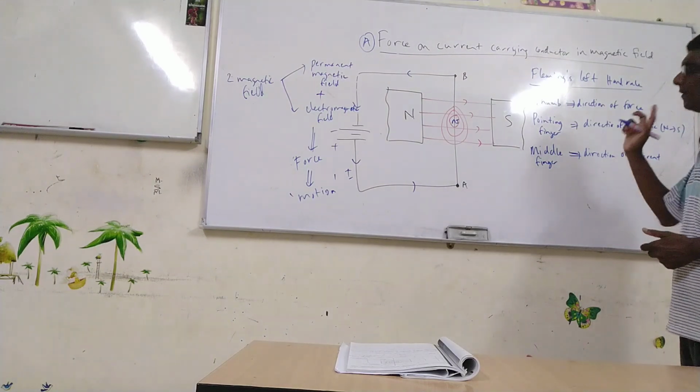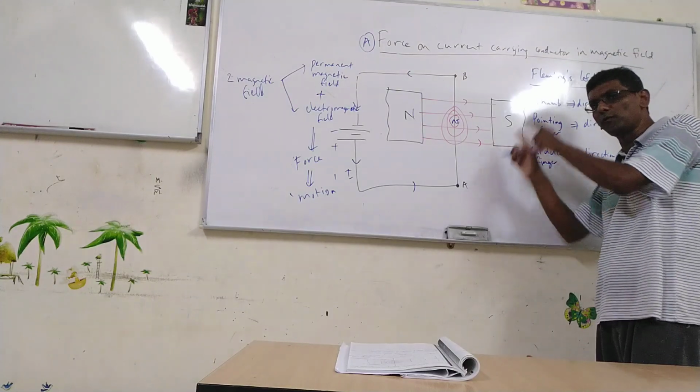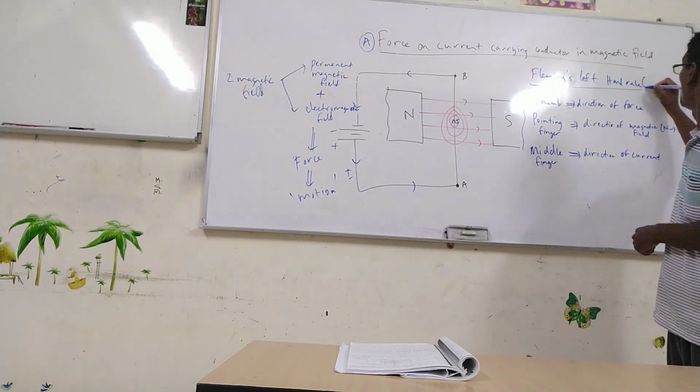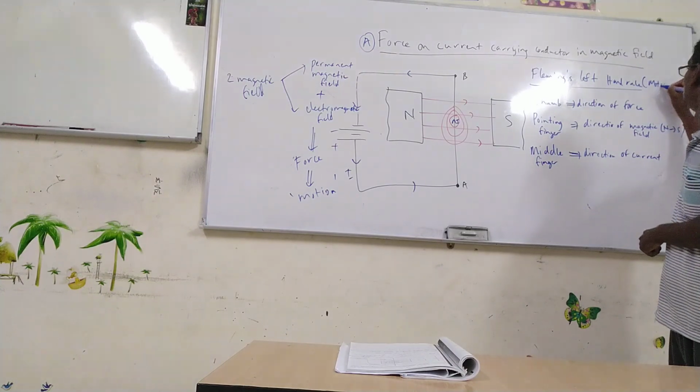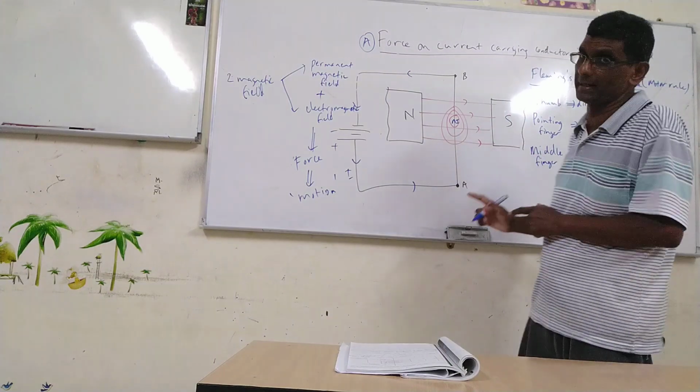That is Fleming's left-hand rule. We use Fleming's left-hand rule as the motor rule. Another word for it is motor rule. So this is the fundamental A.